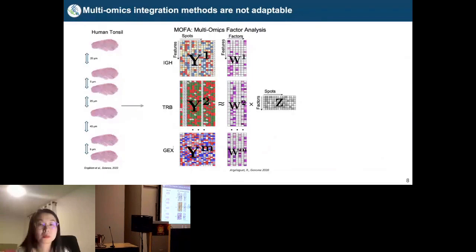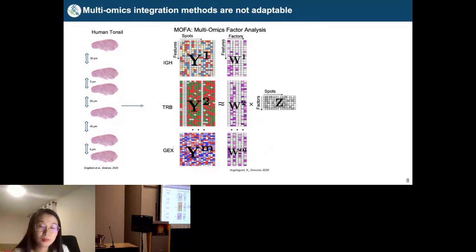We then thought about whether we could use a multi-omics integration method to answer this question. So we tried a factorization-based unsupervised framework called MOFA on the spatial VDJ data from 6 slides of human tonsils. These 6 slides were collected from the same person at different distances from each other.